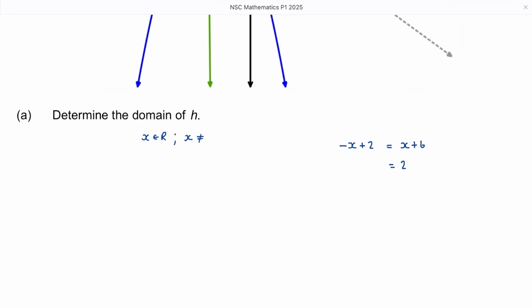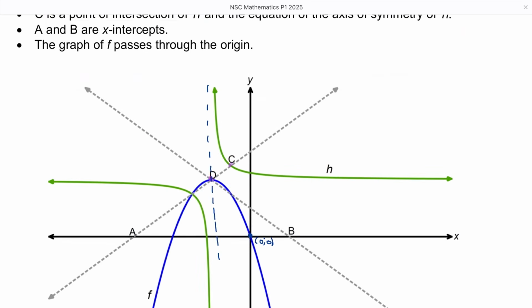So I'm going to bring all of my x's to the one side, and then all of the whole numbers to the other side, and then I'm just going to divide the 2 away, and then x is negative 2. So x is an element of real numbers, x is just not equal to its asymptote. That also means that we can just say at the top here, x is equal to negative 2.